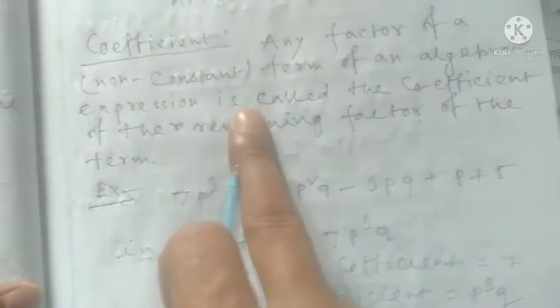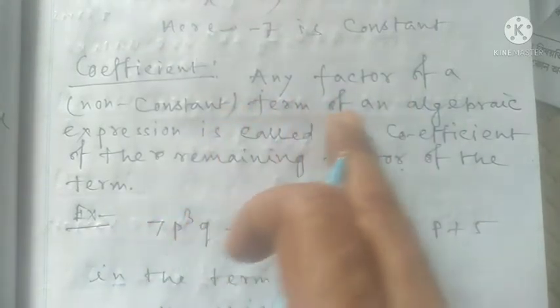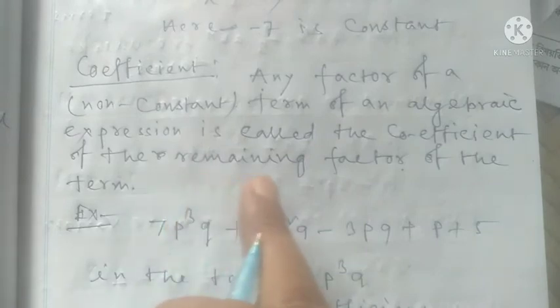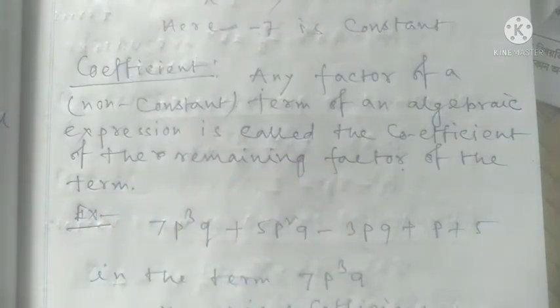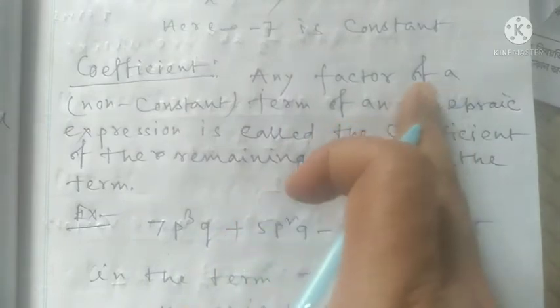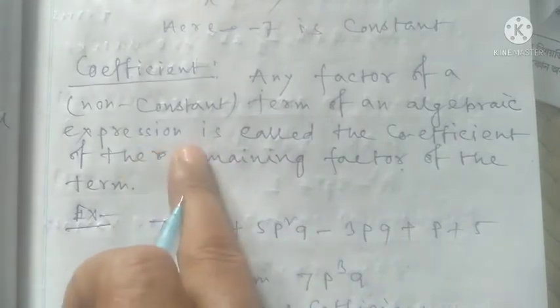And coefficient, you have to understand what a coefficient is. Any factor of a term of an algebraic expression is called the coefficient of the remaining factor of the term.